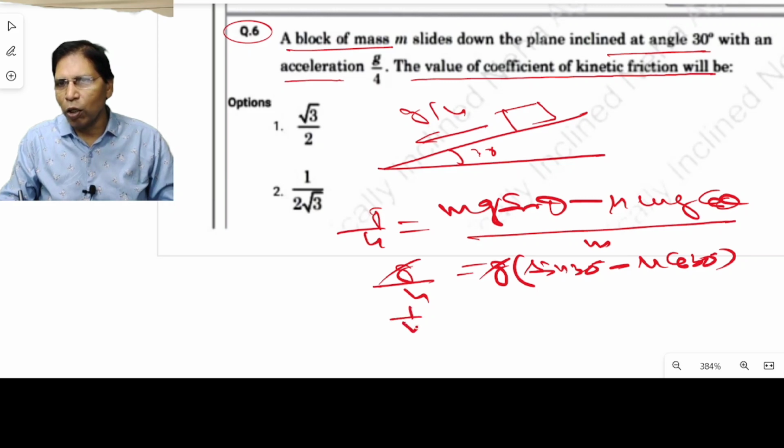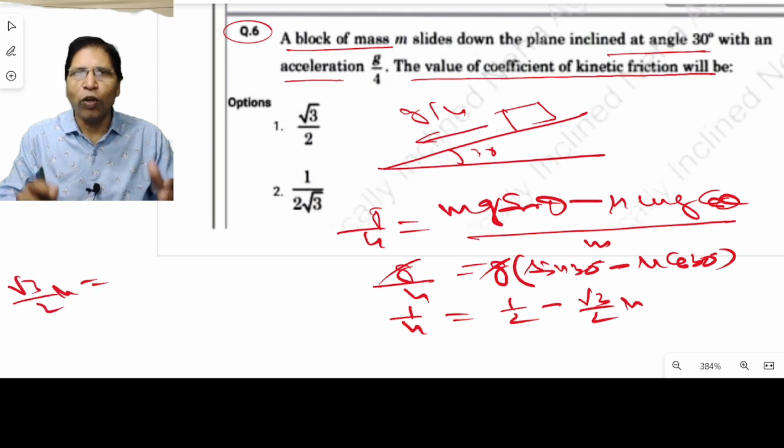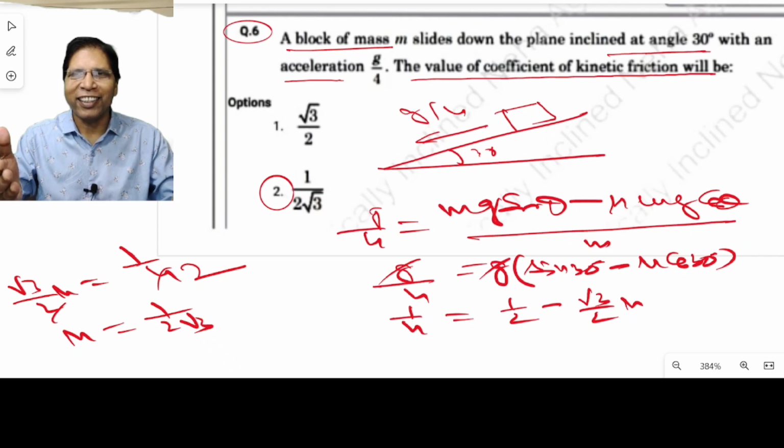So 1/4 equals 1/2 minus (√3/2) μ. So (√3/2) μ equals 1/2 minus 1/4, which is 1/4. Now this and this cancel out, so μ equals 1/(2√3). Option 2 is correct.